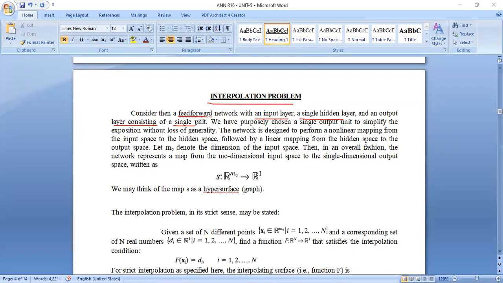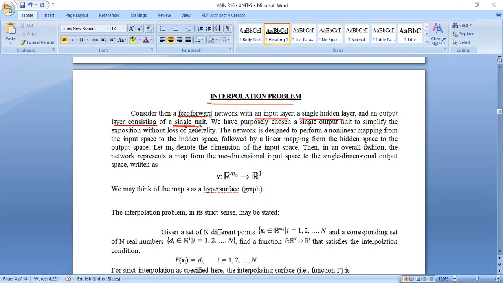That feed-forward network has one input layer with some neurons, a hidden layer with some neurons, and an output layer with only a single neuron.